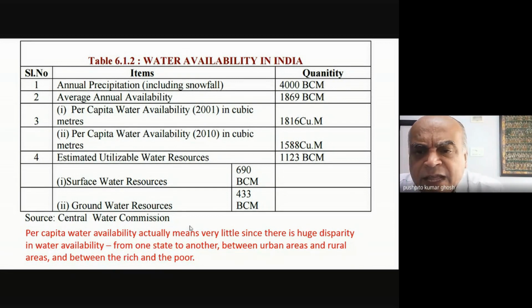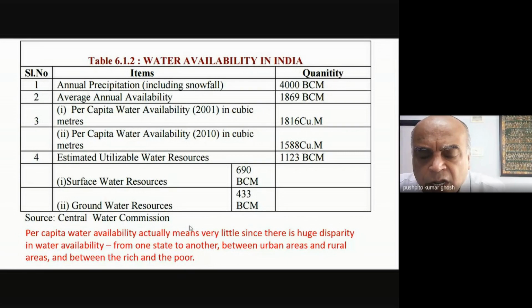Second is that in our country, there's a huge disparity in water availability from state to state. There are some states which are terribly short of water, like Rajasthan. Rajasthan has a perennial water problem. Today, of course, Tamil Nadu, notwithstanding all the rain that they're receiving now, has a very serious water problem.